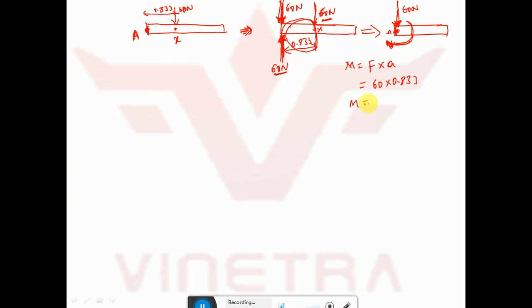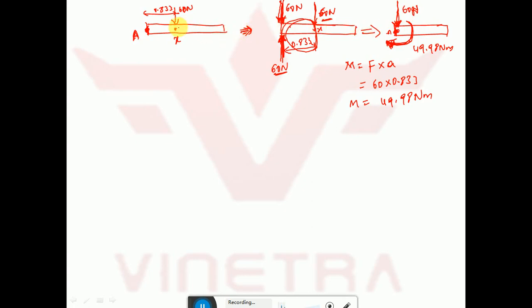So the magnitude of the moment of couple is equal to 49.98 Newton meter. So a 49.98 Newton meter couple is acting here along with a force of 60 Newton. This system is equivalent.